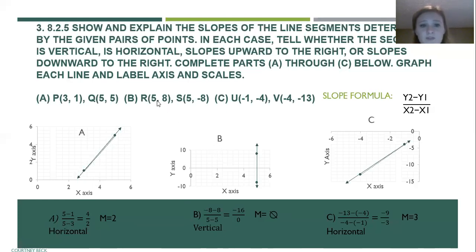B, we have points 5 and 8 and 5 and -8. So we're going to graph those two. Remember, first point is on the x-axis, so we have 5, -5, and 8 and -8.